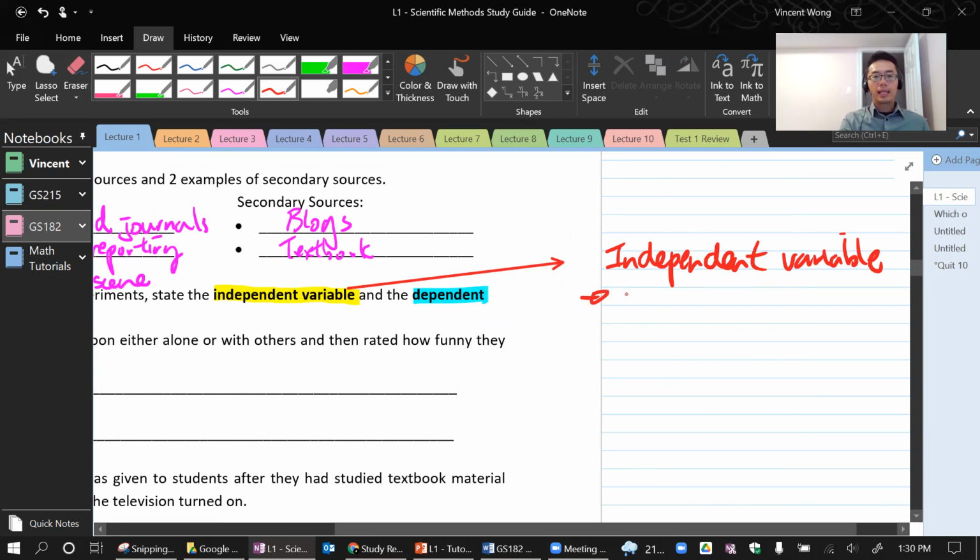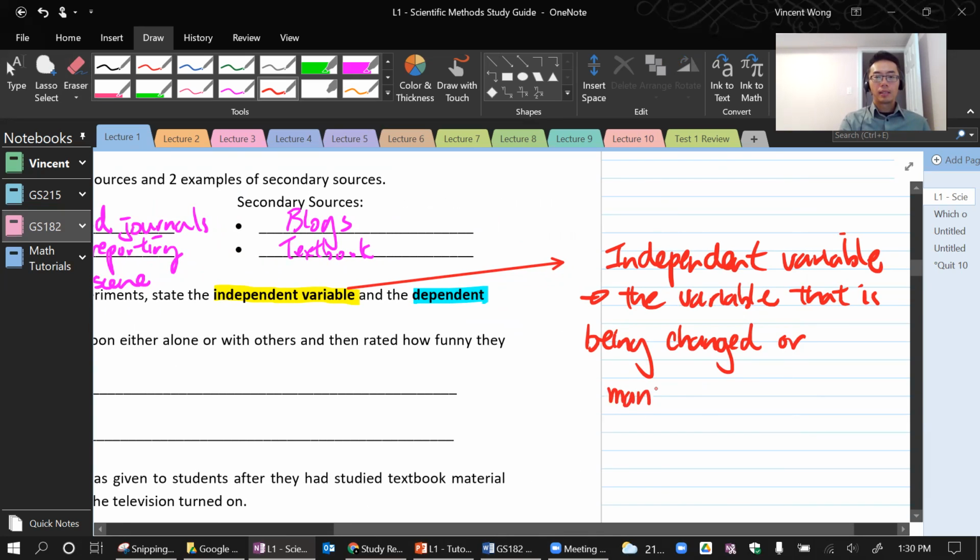Okay, so this one is the variable that is being changed or manipulated purposely. Manipulated by the researcher on purpose.